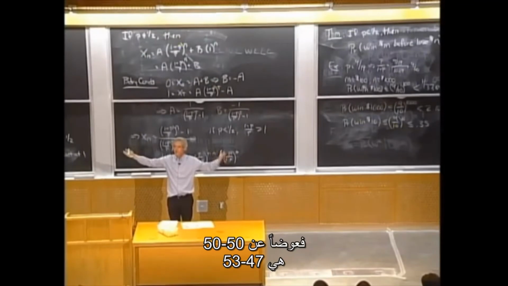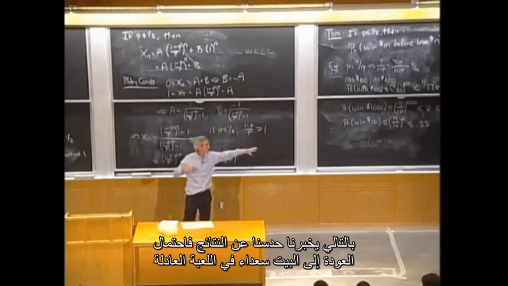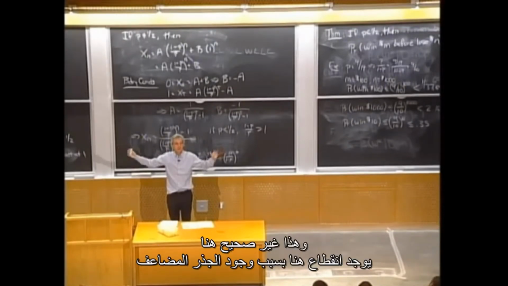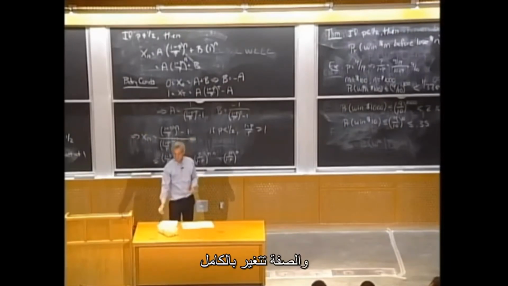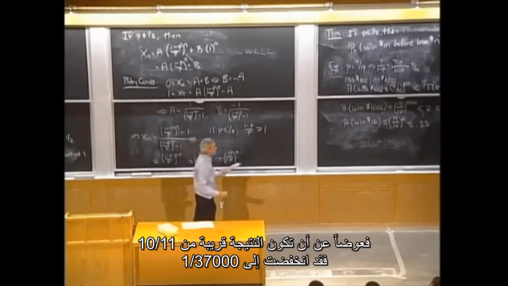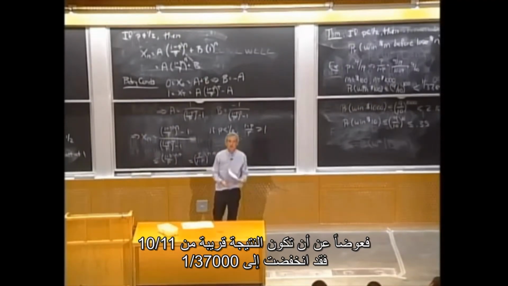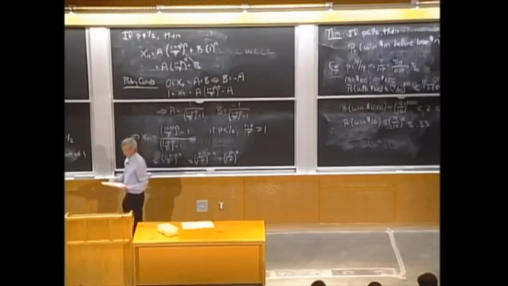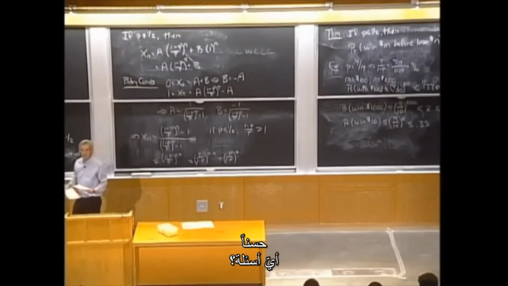Instead of 50-50, it's 47-53. And so our intuition says the probability of going home happy in the fair game should be close to the probability of going home happy in the real game. And that's not true. There's a discontinuity here because of the double root, and the character completely changes. So instead of being close to 10 out of 11, you're down there at 1 in 37,000. Completely different behavior. Okay? Any questions?